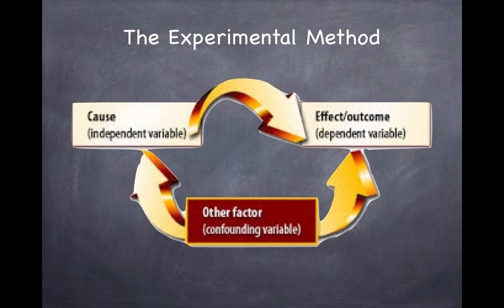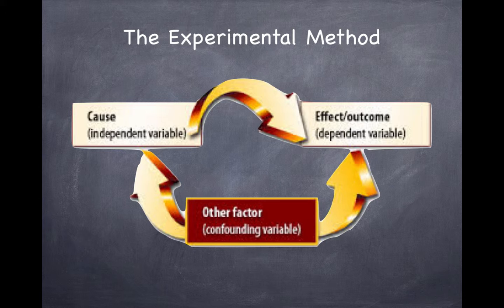What's important about these two variables is that when you create your research, you want to create a hypothesis that makes a prediction about cause and effect, the relationship between two or more variables. The cause being the independent variable. The independent variable is the factor or condition that you are deliberately manipulating to determine whether it causes change in another behavior.